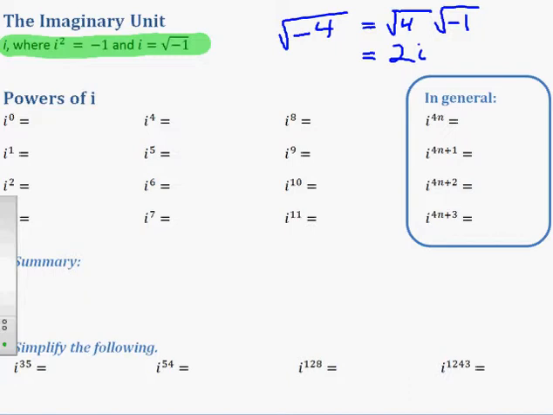So what we're going to do now is look at the powers of i, and we're going to try to see a relationship here and see if we can come up with some sort of pattern and figure out what we can do with this.